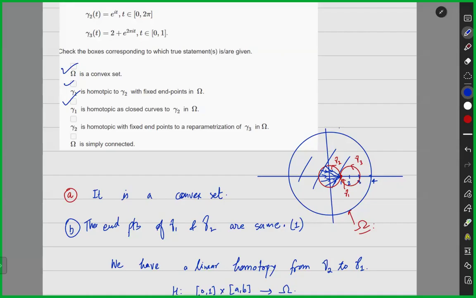But the other direction is non-trivial. Homotopic as closed curves may not be homotopic with fixed endpoints, because maybe they have different initial and terminal points. So this part is obvious, and this one is non-trivial, meaning it need not be.